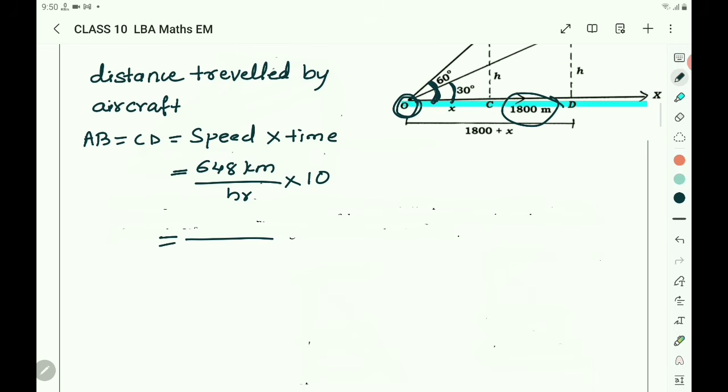That equals 648. Hour must be converted into seconds, that is 60 into 60. And this kilometer must be converted into meter, so you multiply it by 1000 into 10. That is the 10 seconds.